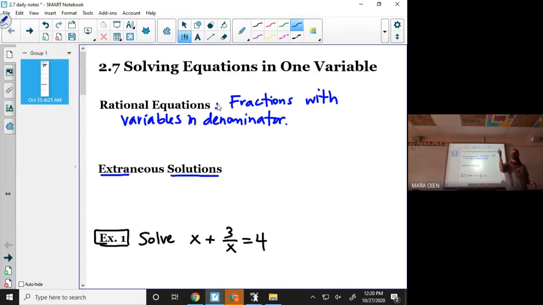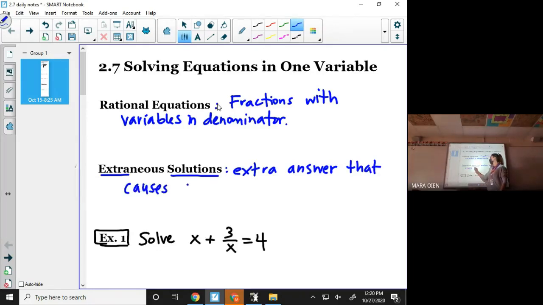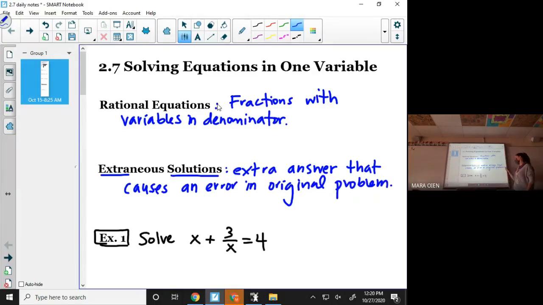But when you check it back in the original problem, it gives you an error. So it's just an extra answer that causes an error in the original problem. Now you might say, well, how does that happen?